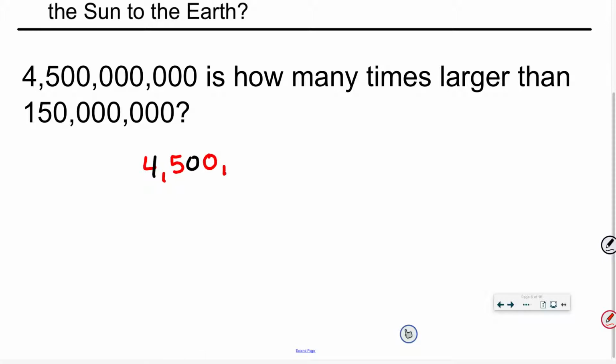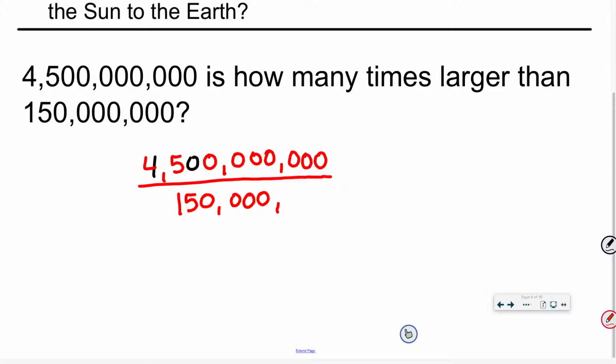Now, if I broke this out into a fraction, can I do that? Can I show this as a fraction? Yeah, because we know that fractions represent division. Okay. How do you divide that? If you see that, what do you think to do?